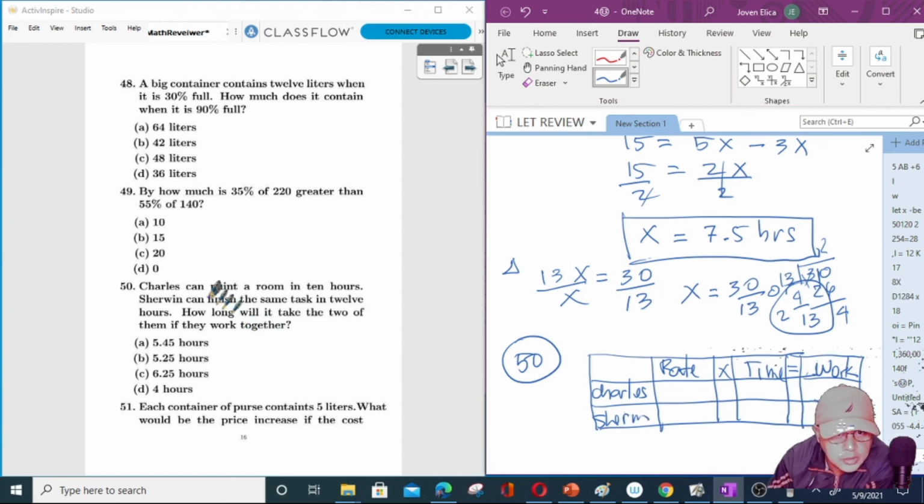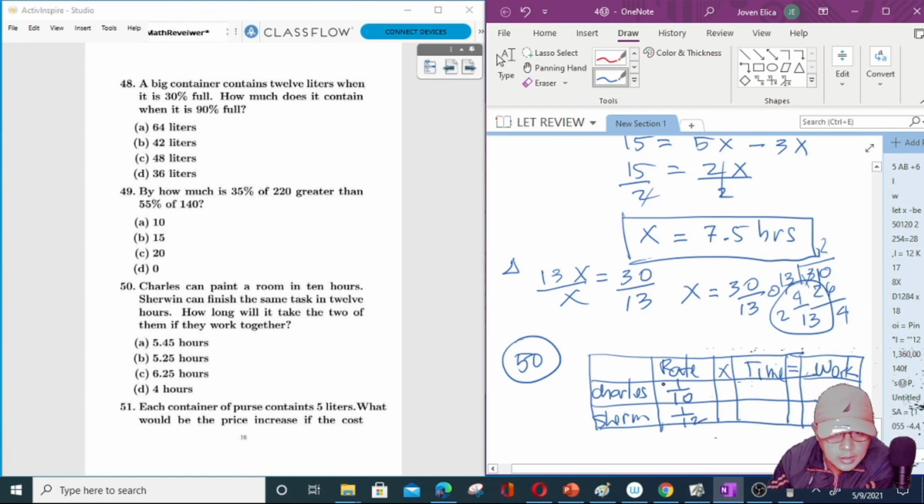What is the rate of Charles? To paint the room, 10 hours. So the rate is the reciprocal of the given time, 1/10. Sherwin can finish the same task in 12 hours, so 1/12.